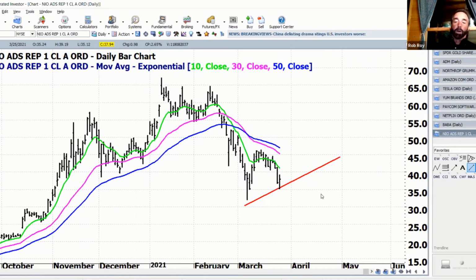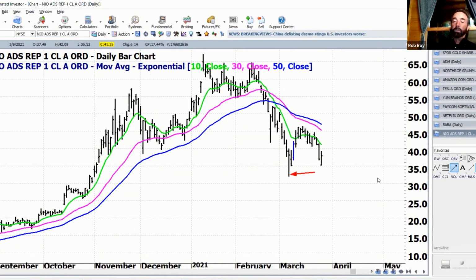But my point was this pivot point is in the middle of nowhere. So it wouldn't surprise me if that was just an oversold bounce, which it was an oversold bounce. We came back up. We rectified the 10-day moving average. We moved sideways. We're heading back to the downside again. And as we've talked about in the past, if we don't hold here, Neo goes to 20.